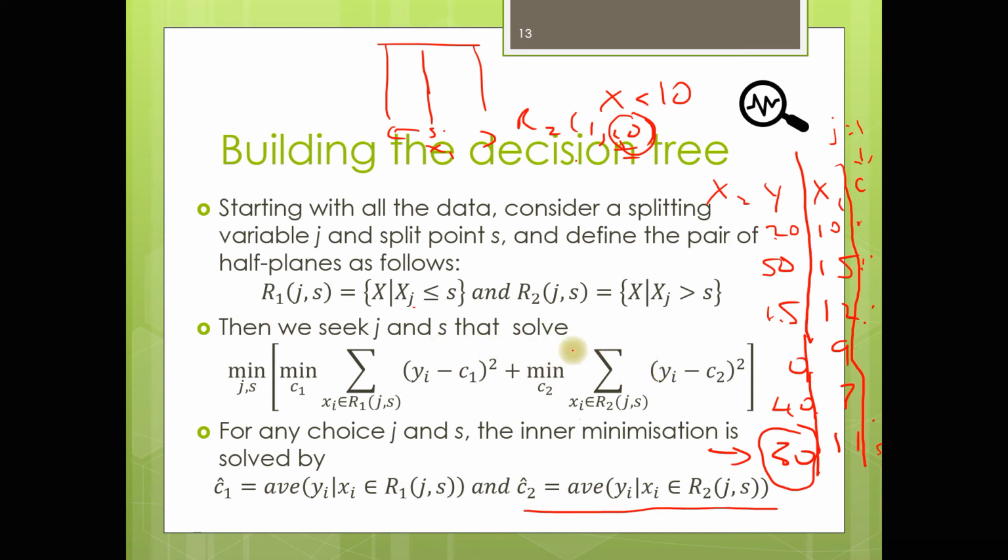To finalize, there has been a minimization that has happened for a half plane which is defined by a certain split variable and by a certain split point which you decide, for example. Then you will need to do a second minimization now, which is going to be based on the minimization of these two sums of squares.